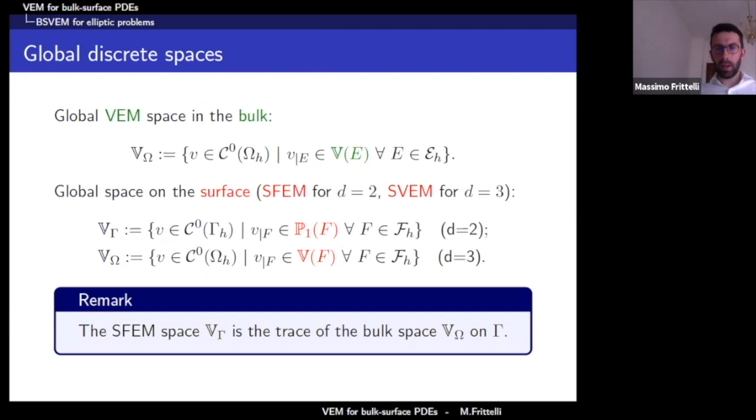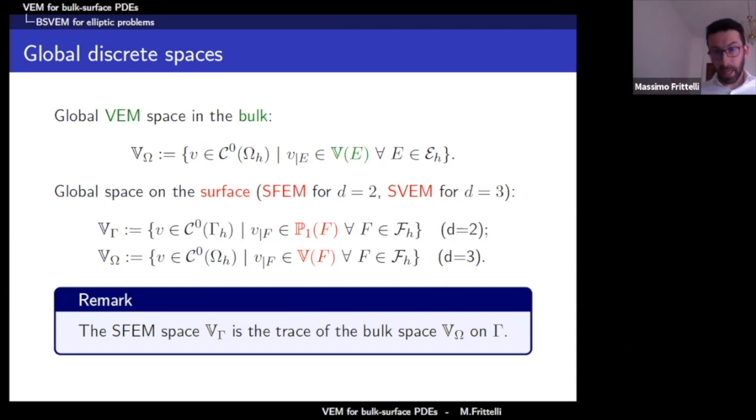Now, how do we fit bulk and surface together? Well, in the bulk, we consider virtual elements both in the 2-dimensional and the 3-dimensional case. On the surface, we have to make a distinction because in the 2-dimensional case we have lines on the surface, so we just pick the 1-dimensional finite element space on the surface, while in the 3-dimensional case, the surface is a 2-dimensional manifold.